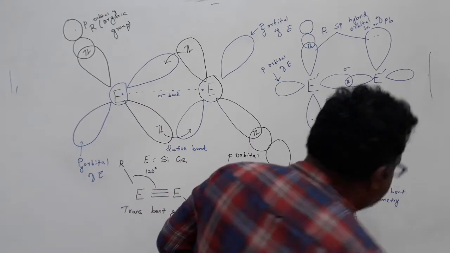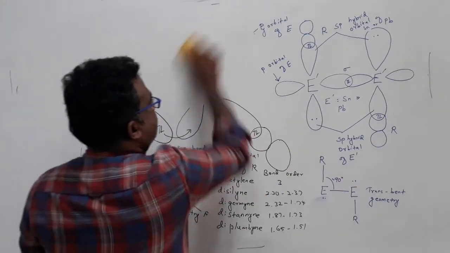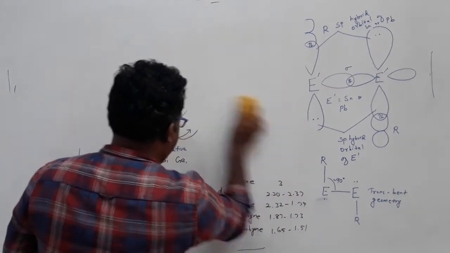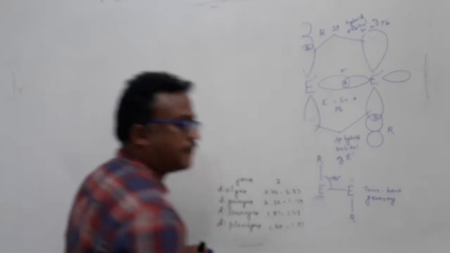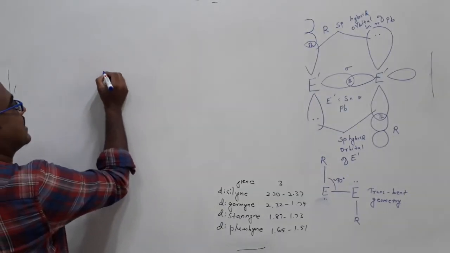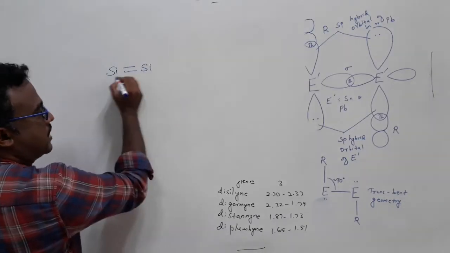When we compare with the disilene, let us just take an example of disilene. So the disilene molecule, for example, has a silicon-silicon double bond. Actually, it's not a true double bond.